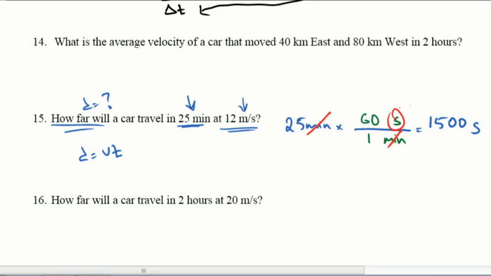All right, from there we can say, okay, we have our units matching up. I have seconds here, I have seconds here. That's a good thing. So I will take my velocity, which is 12 meters per second, and I'm going to multiply by my time. Now my time was in minutes, but now I've converted it to seconds.